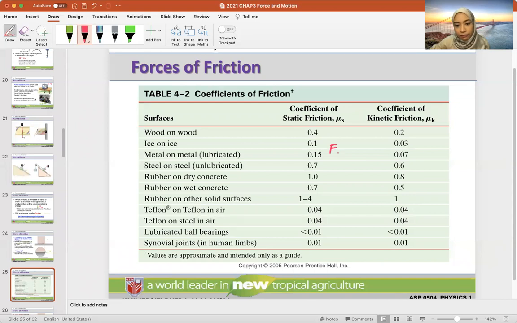It's because small f equals to mu r. So kalau mu kita besar, kita punya friction pun besar. So if your values of static friction is higher, it says here that kalau tengah stop, lagi susah nak bergerak because of the higher friction. When you are moving, the friction becomes smaller.